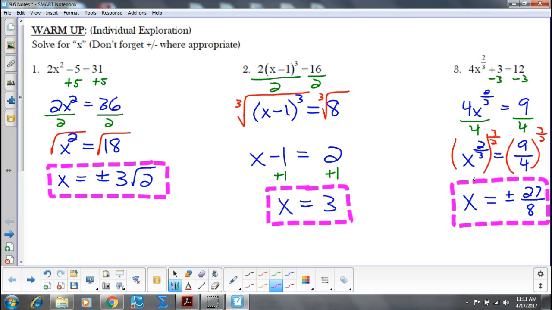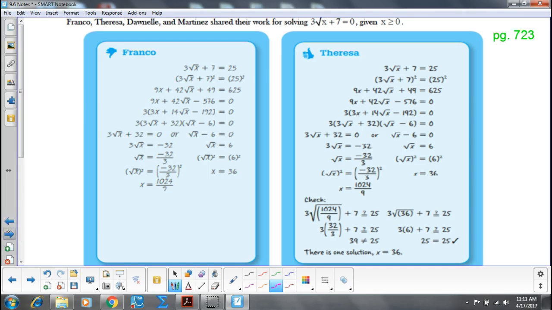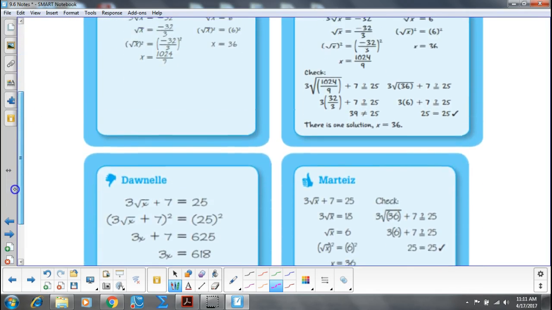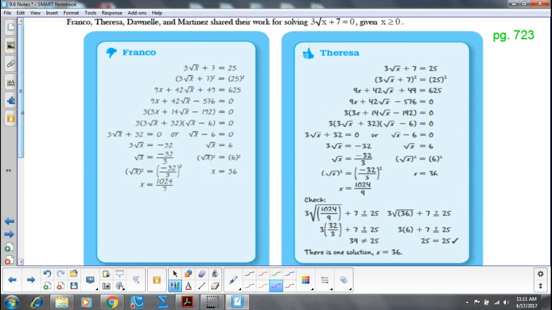What I would like you to do now is, in your textbook, turn to page 723. On page 723, you will find 4 different people who all solved the exact same problem: Franco, Teresa, Donnell, and Martinez.